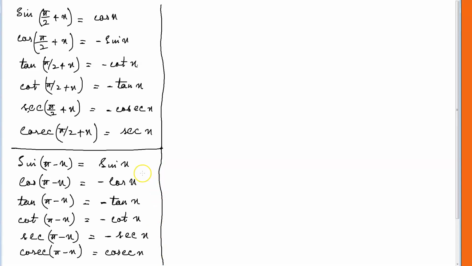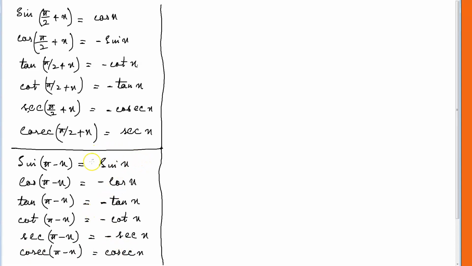So what that means is that basically when you have pi, sine remains sine, cos remains cos, tan remains tan, cot remains cot, secant remains secant, and cosecant remains cosecant.